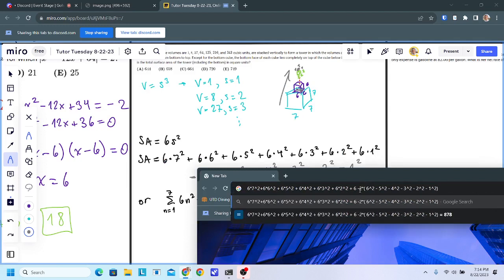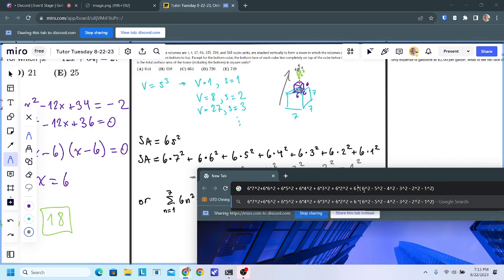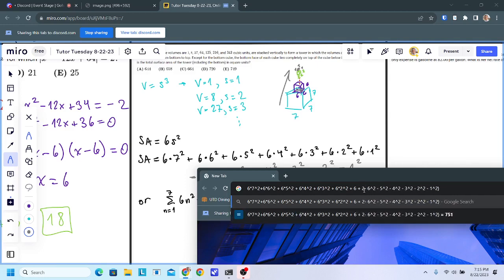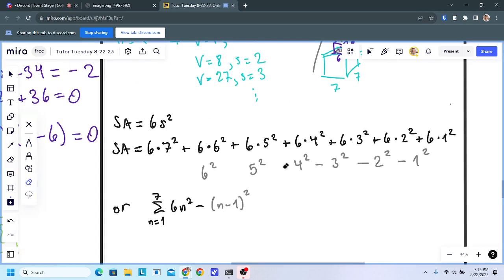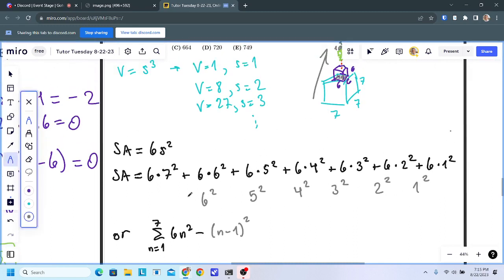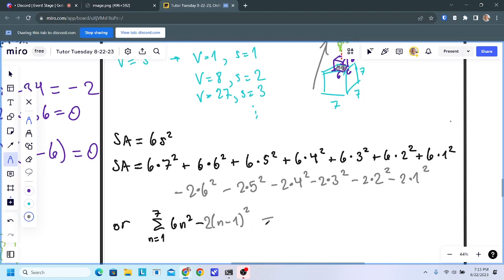So if we subtract off 2 times all of that gray part right there, to account for the faces that are being covered on both cubes, we're going to get a solution of 658 square units.